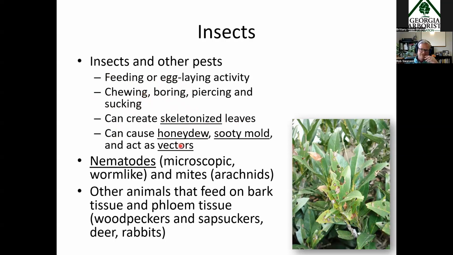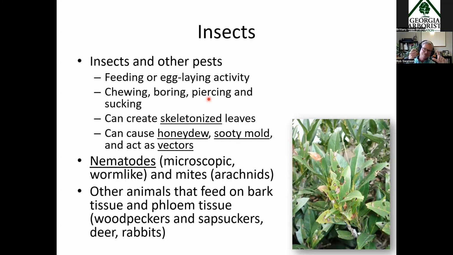You can have honeydew and sooty mold as a result of things feeding on trees. As an easy example, think about aphids, which are constantly feeding on photosynthate. If you remember what photosynthate is, it's a sugar, a carbohydrate, so they are constantly consuming these sugars, and it's a tiny little thing, but it can suck a lot out.